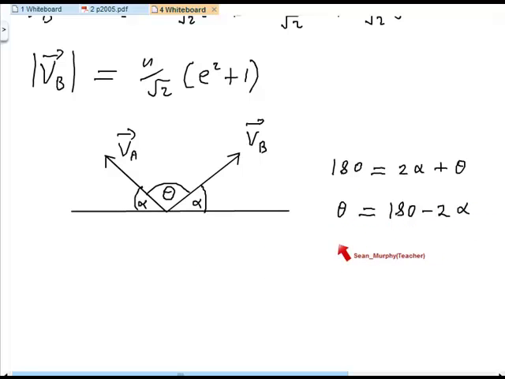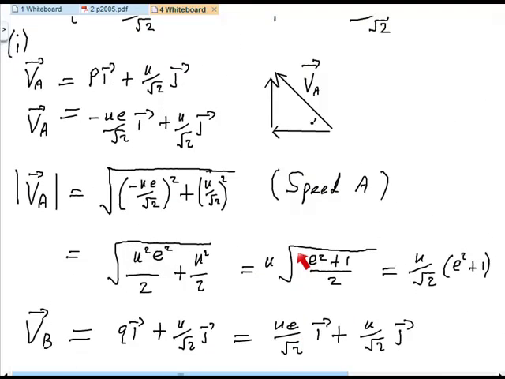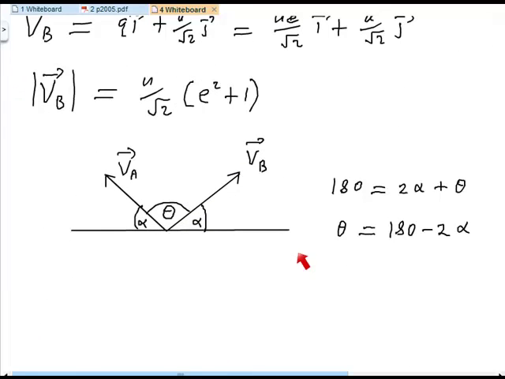Now alpha, if we look at alpha here, we'll notice it's the same alpha as in this diagram up here. This is alpha. So we'll draw that diagram again. So VA is here.